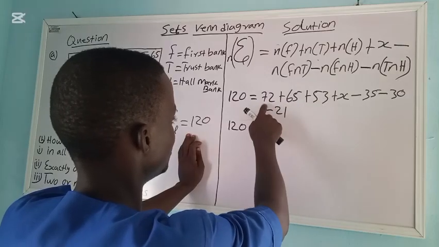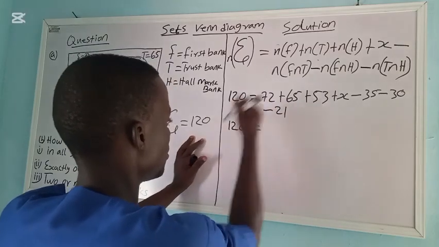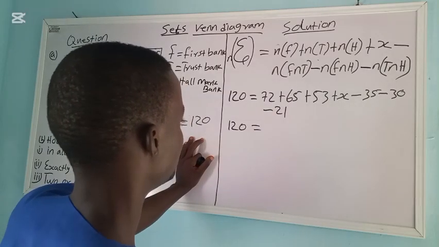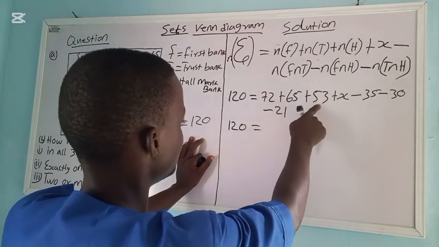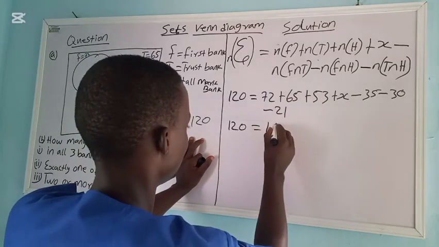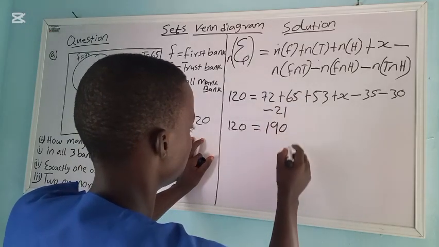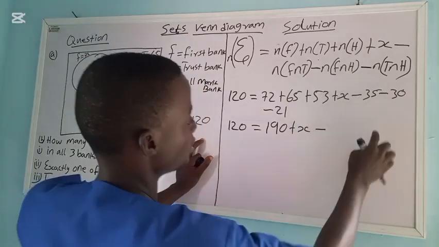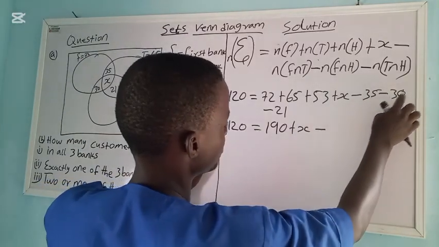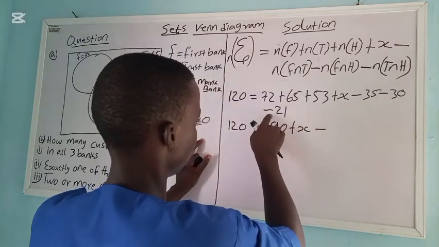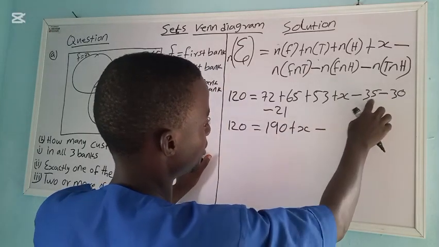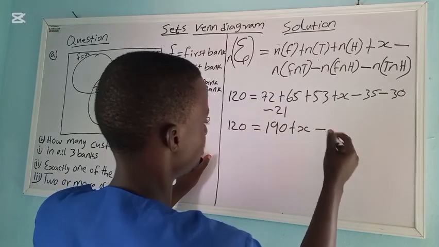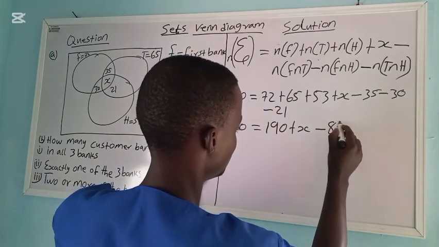So this and this one, we have 125. So 125 plus this one, that's 190. 190 plus x, minus 35, minus 30, minus 21. So we have minus 60, minus 86. We have minus 86.